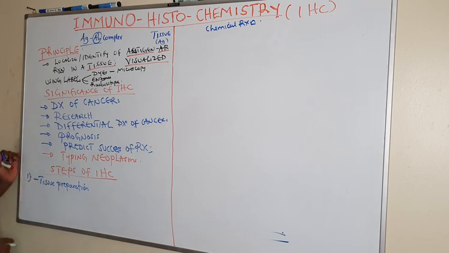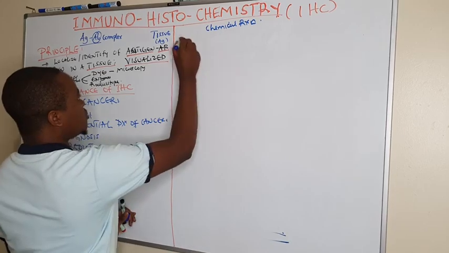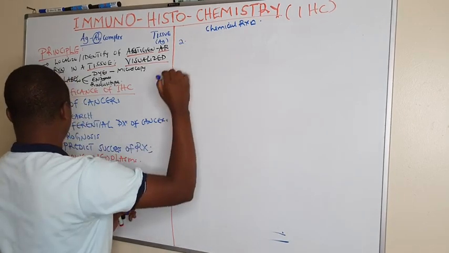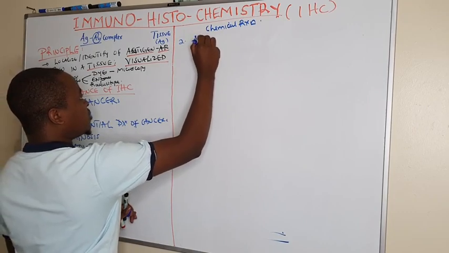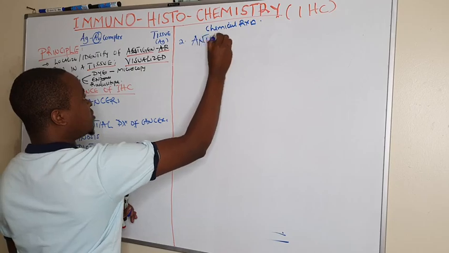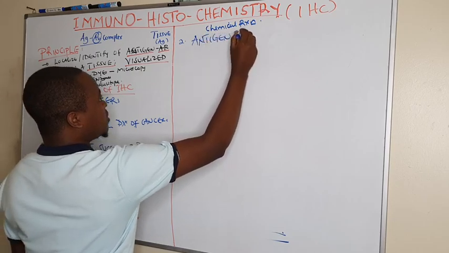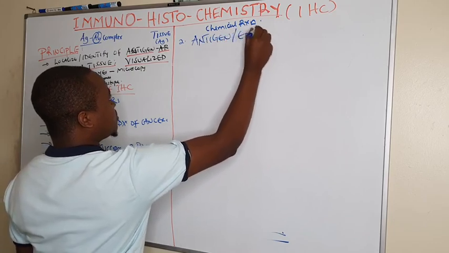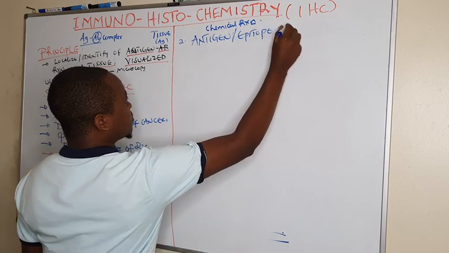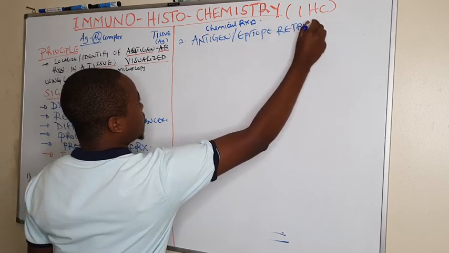Then number 2 is antigen retrieval, or you can call it epitope retrieval.